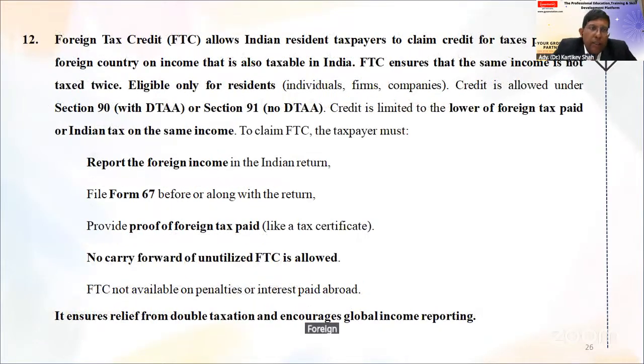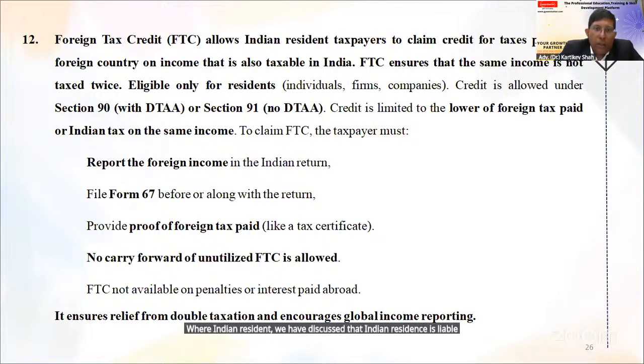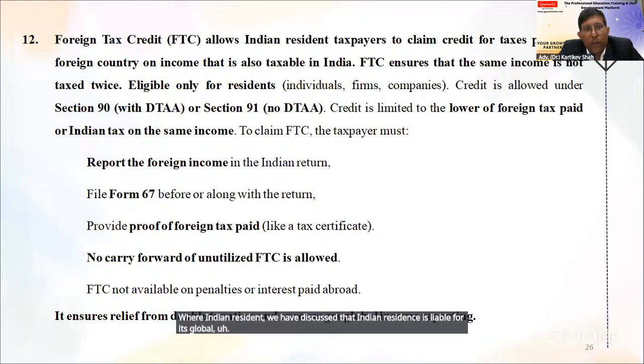Foreign tax credit, this is very important. So the non-resident doesn't only earn income from India, it also earns income from foreign countries. So foreign tax credit is about the Indian resident. We have discussed that an Indian resident is liable for his global income.